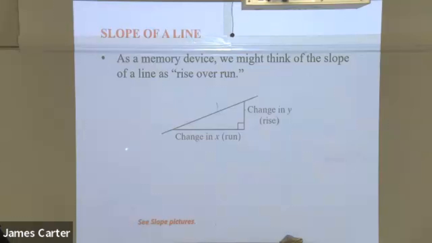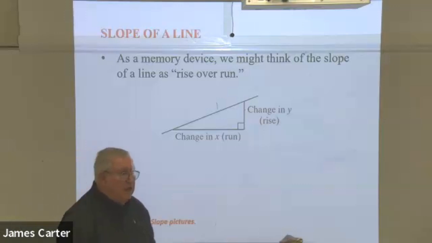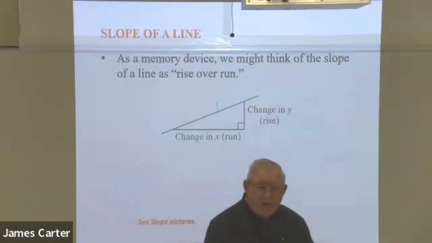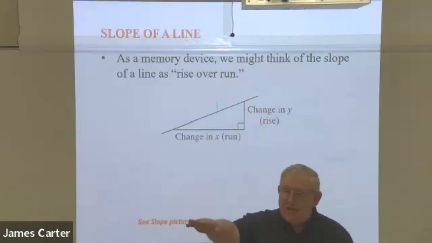So in other words, the slope of this is we take how much it changes up and down and how much it changes across. And we express that either as a fraction, decimal, or percent. When you're talking about highways, they say percent of grade.